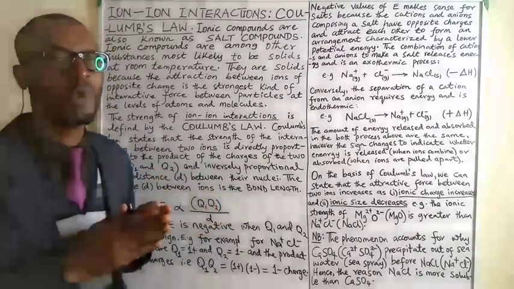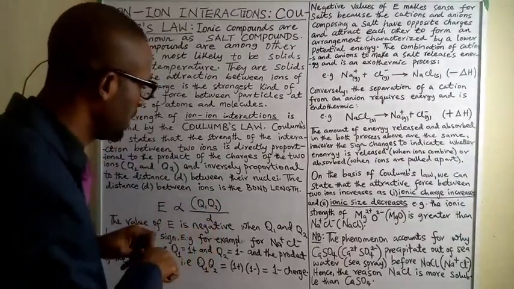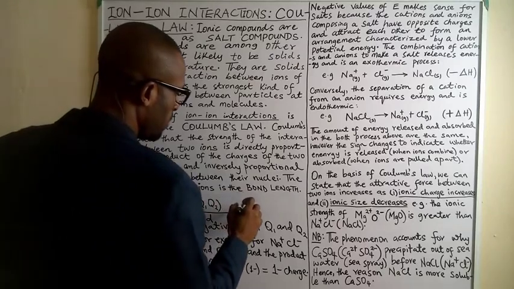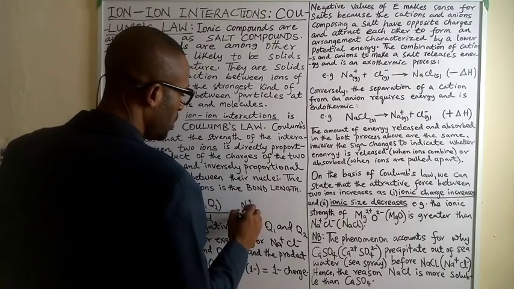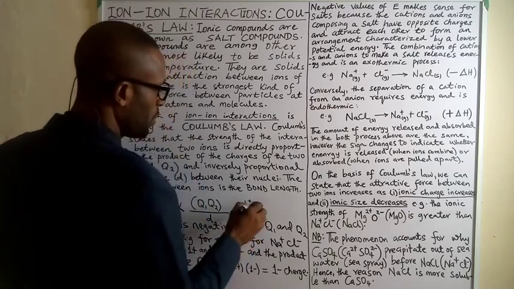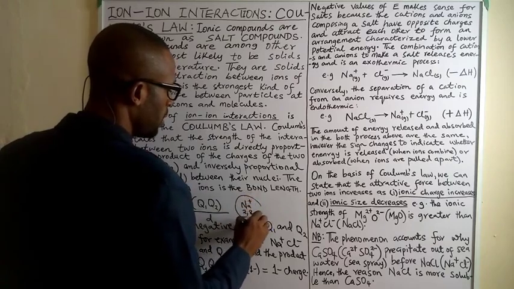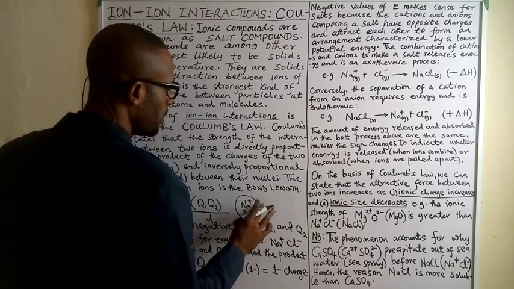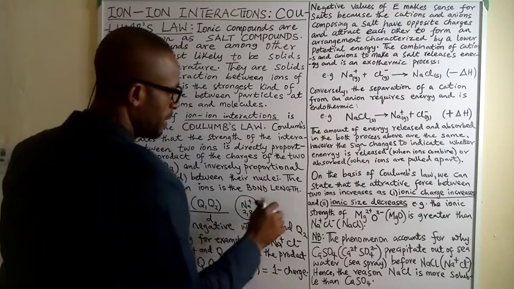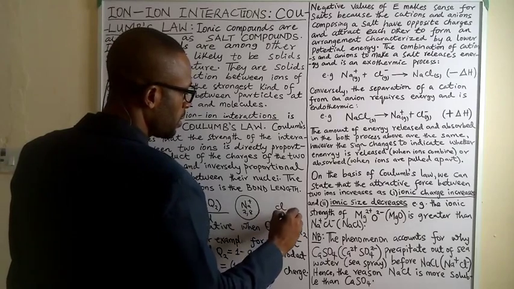Let's see if we can describe this. Take, for instance, the sodium ion, which is 2, 8. Let's assume that what we have here is the sodium ion, and then we have the chloride ion, which is 2, 8, 8.